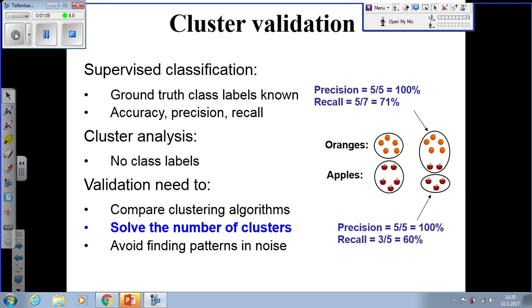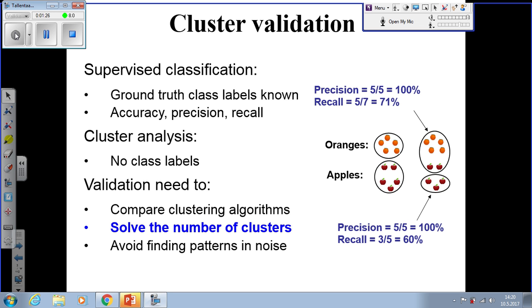And vice versa, for the apple class, out of the 5 apples we only find 3, so recall is 60%, and the precision is 100%, no other classes.